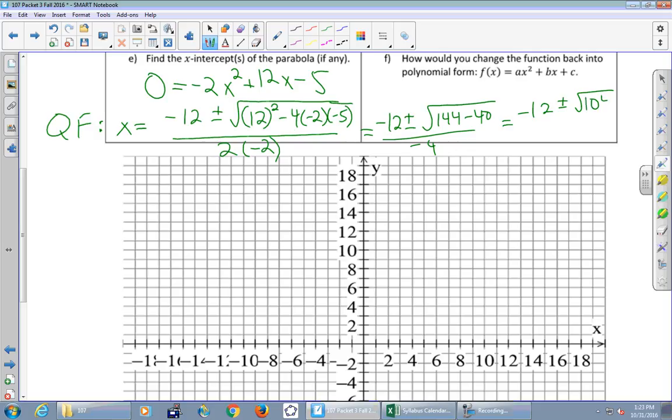So square root of 104 over negative 4. I think that's fine. It is possible to reduce that square root of 104. What perfect square goes into 104?